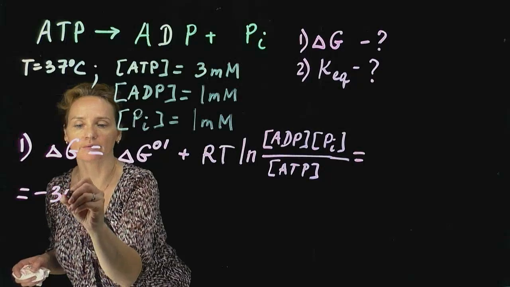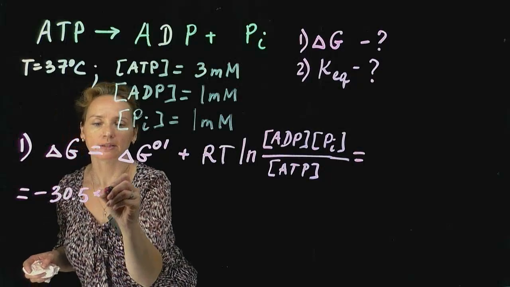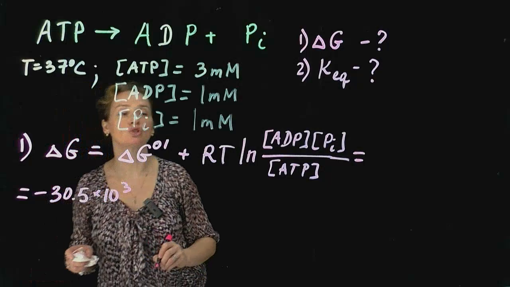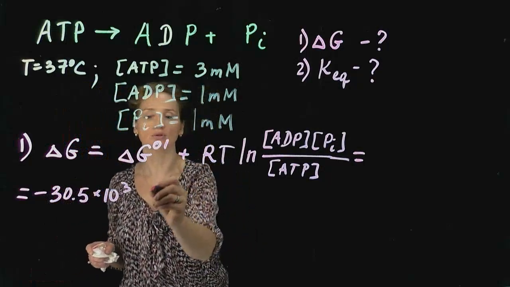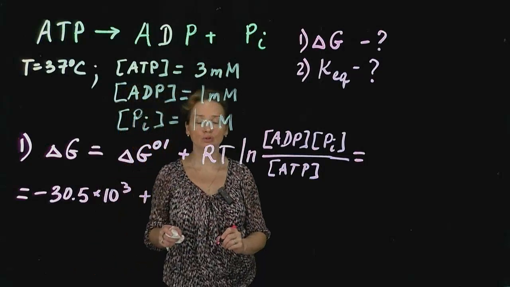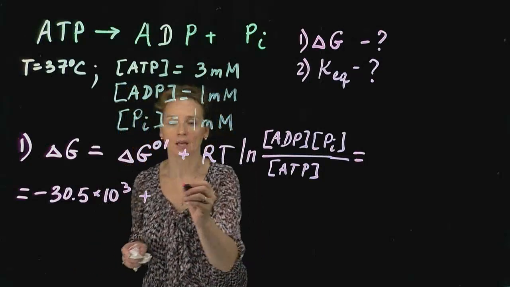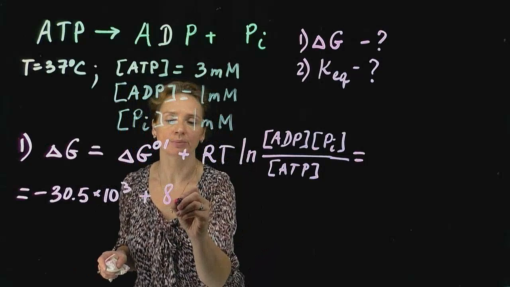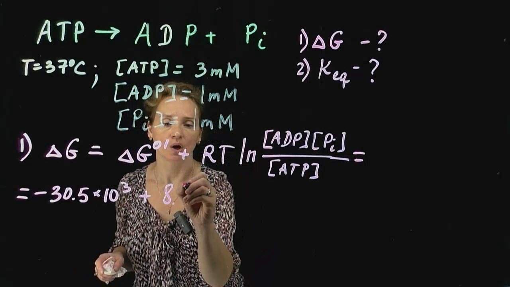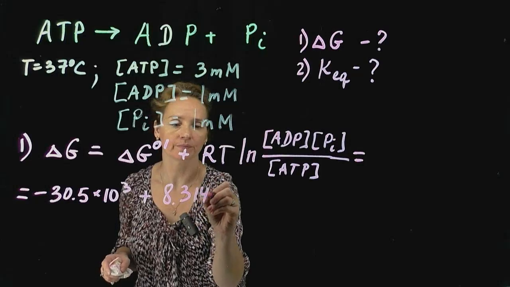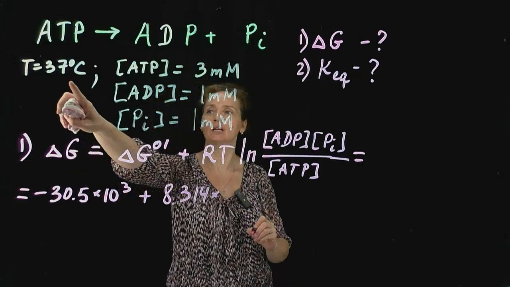So minus 30.5 times 10 to the third, and now it's in joules per mole, because the gas constant is in joules per mole per Kelvin. And in those units, it will be 8.314, and we multiply by the temperature in kelvins.